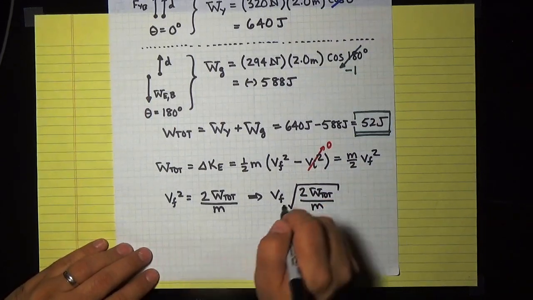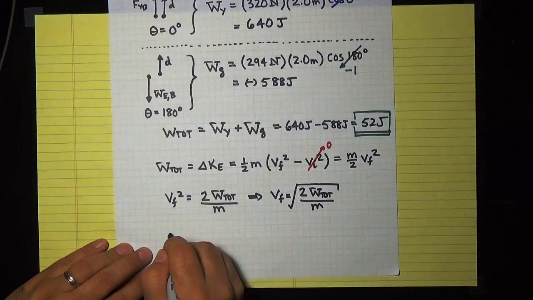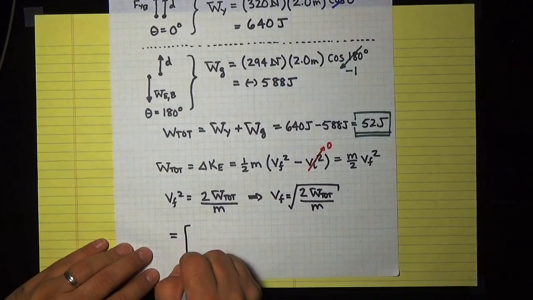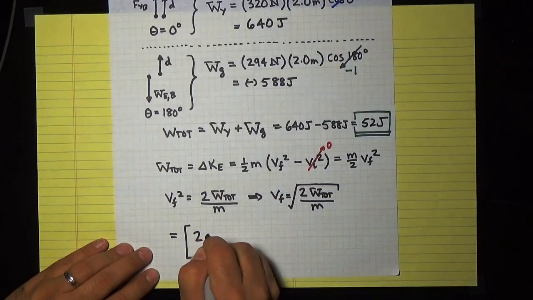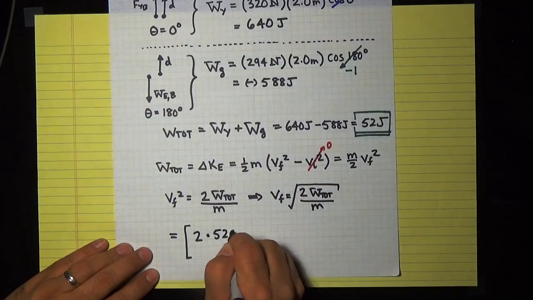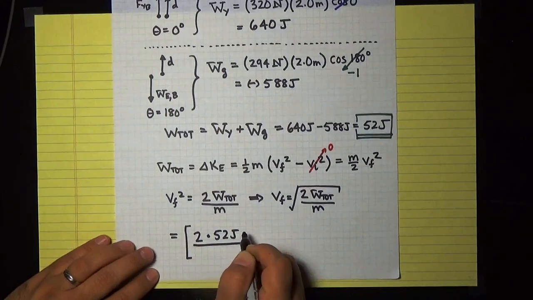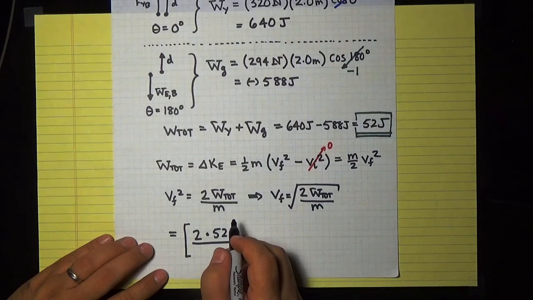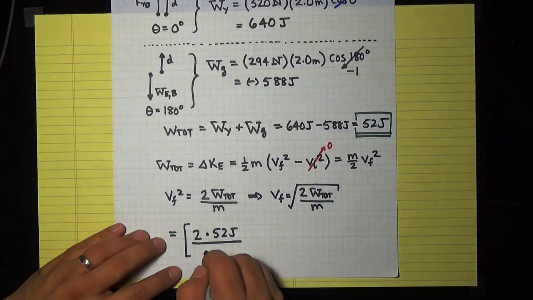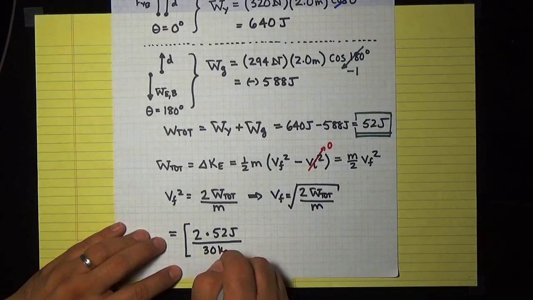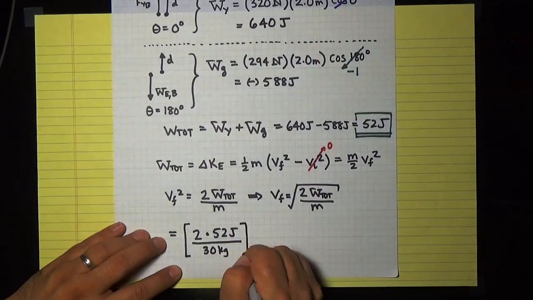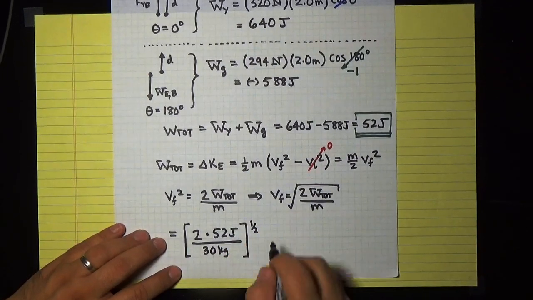And if I put in my numbers, this is equal to 2 times 52 joules divided by the mass of the bale, which we said was 30 kilograms, all to the 1/2 power, the square root.